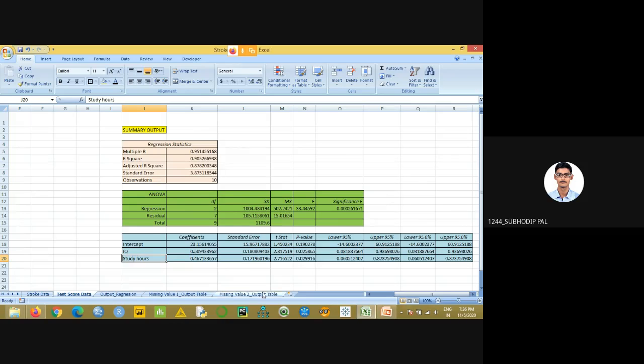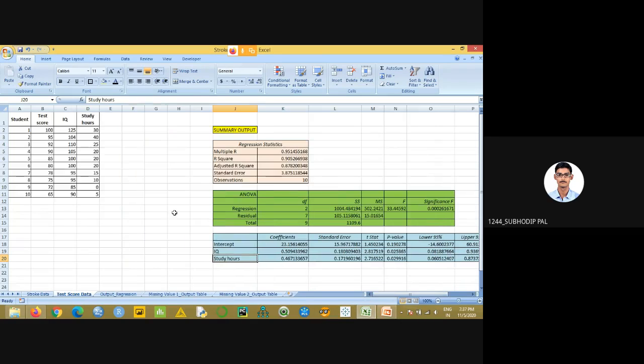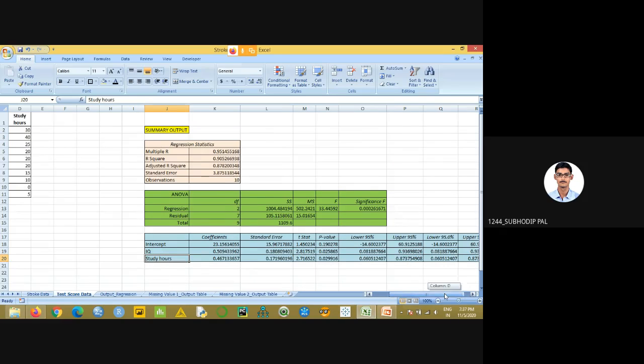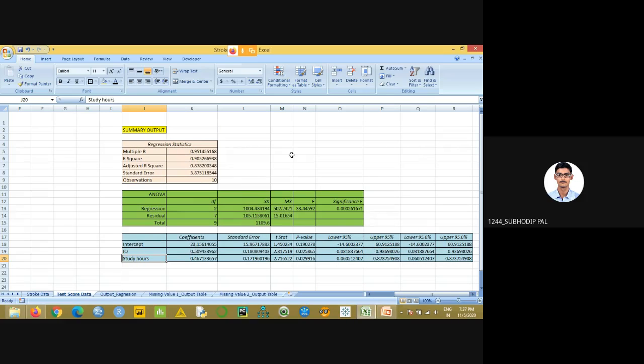Only one extra variable is added in the coefficient table. There is one dependent variable and two independent variables, so one extra variable is added here. That is the difference you can see in the regression output table. Otherwise, the table looks similar. Correct?